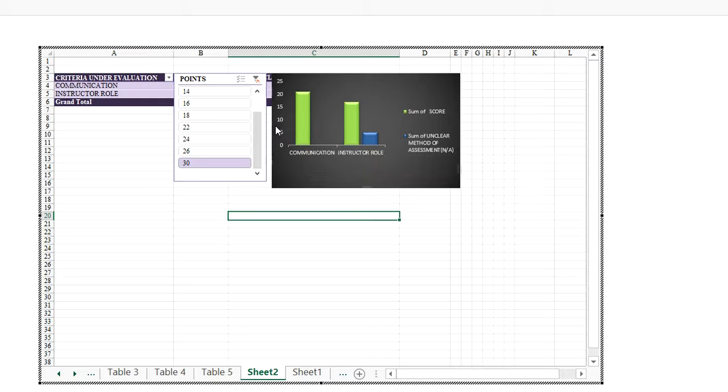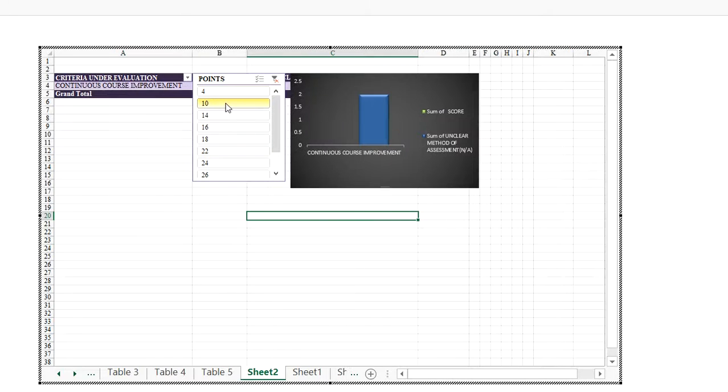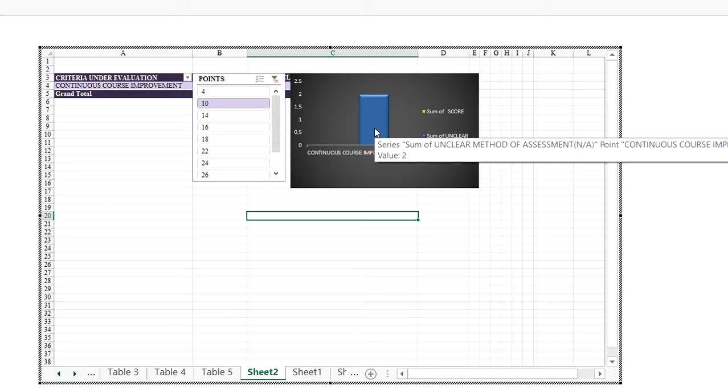Another area that could do with some improvement would be the area of continuous course improvement. Continuous course improvement, out of 10 points, did not receive any points because 2 areas could not be assessed at this time, and the other areas received a 0 for now emerging. Hence, the course lost a lot of points here.